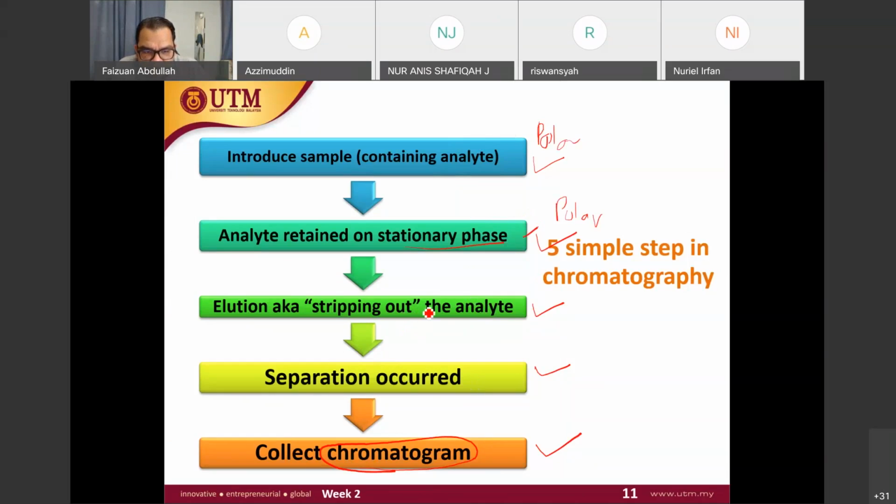Right. So elution, also known as stripping out the analyte. How do we strip out the analyte? What kind of phase do we want to use here? A mobile phase.